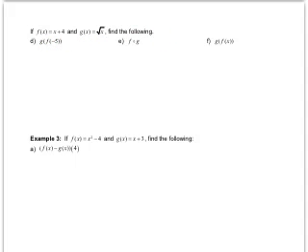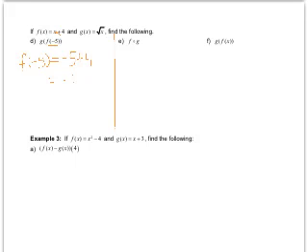All right, so if f of x equals x plus 4 and g of x equals square root of x, we want to find the following. So example D is really just like the ones we just did, so let's go ahead and do that one. We start on the inside, f of negative 5. And we evaluate. So looking at the f function, f of x is x plus 4. Instead of x, we want negative 5 plus 4, which is negative 1.